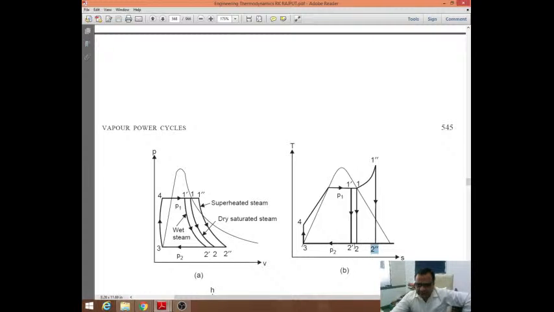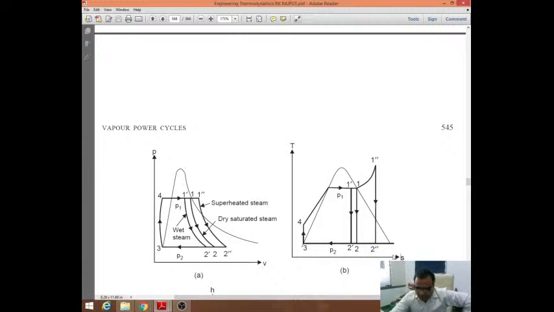And this steam which is coming out from the turbine, as it is very wet, when it is coming out at point 2 dash, it is going to cause erosion of the turbine blades. So to avoid the erosion of the turbine blades, it is normally advisable to go for the superheated steam, so that at the end of expansion we will get drier steam, preferably dry or superheated condition, that is better.